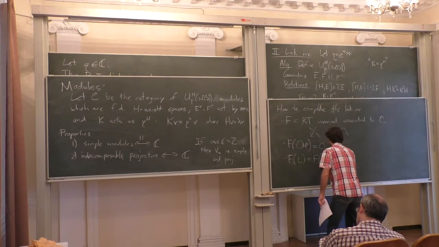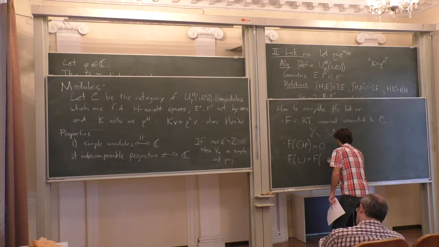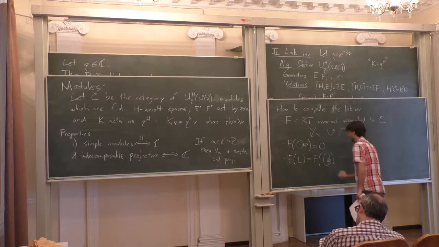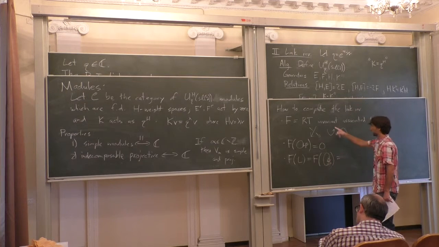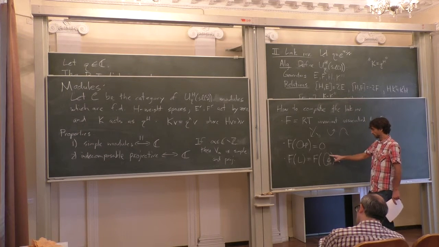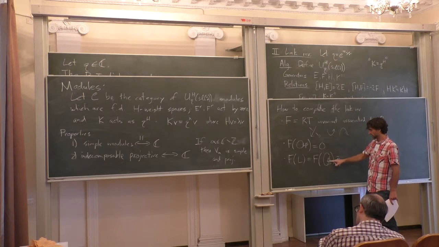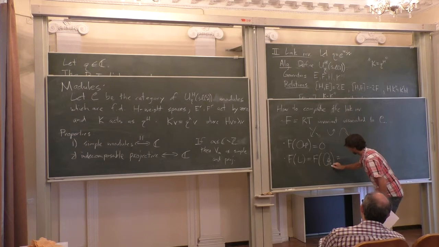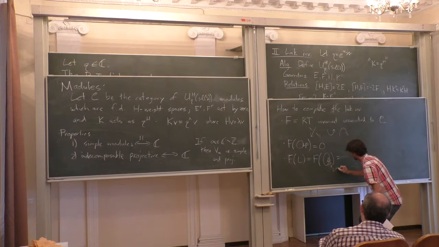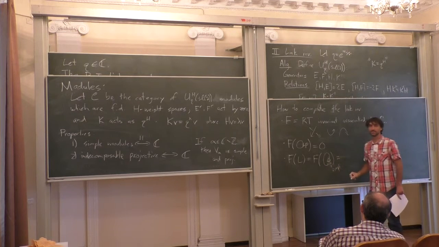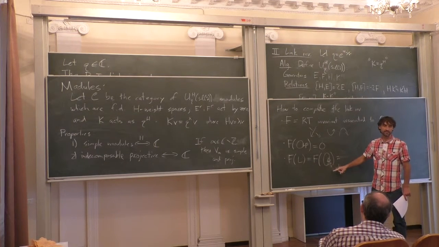It looks like I have some mess here, and I have some projective. Now, by the properties of this functor, this is a morphism from P to P, which, if P is simple, by Schur's lemma is just a scalar.